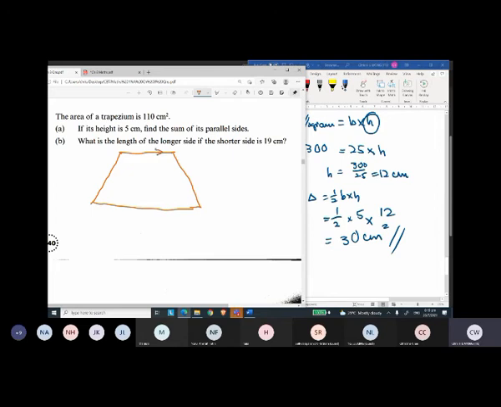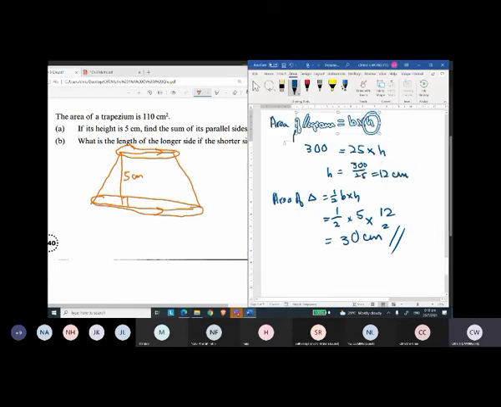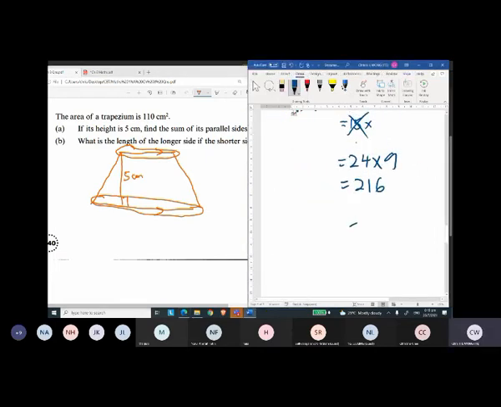This one must be parallel. The height of the trapezium is 5 cm, 90 degrees. You're supposed to find the sum of the parallel sides. That means you are supposed to find the total length of here and here. That's your question. Can you do this for me, please?